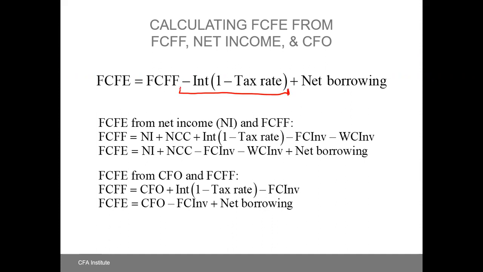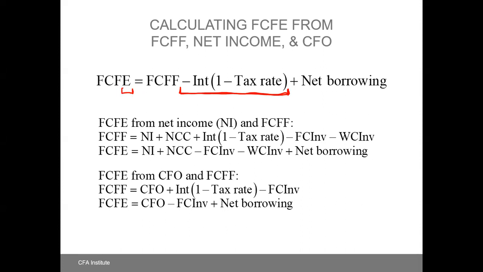Got the idea? I should subtract which one first? The cash flows available to the debt holders, right? Because I want to get the cash flows available to the equity holders.